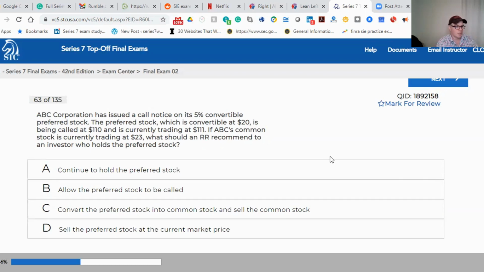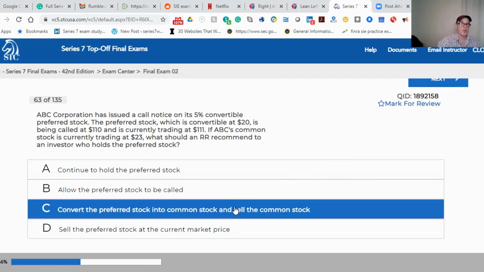If the common stock is trading at 23, I do 5 times 23, which gives me 115. If I sell it, I get 111, or it's being called at 110. If I convert it, I get 115. So I would say convert the stock. Remember, when they ask what should they do, always look to see what they should not do. Whenever they do this, try to look to see if they're asking for the least or the most.